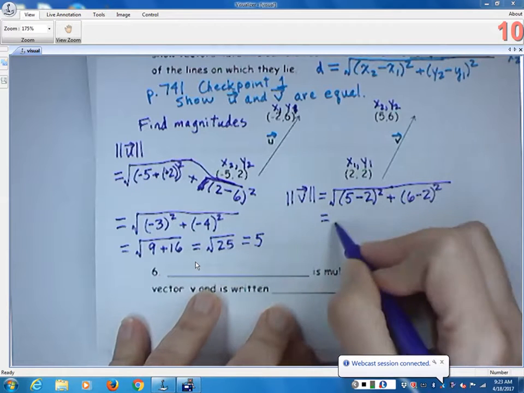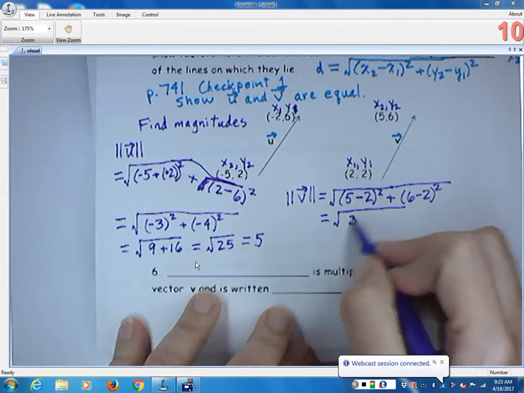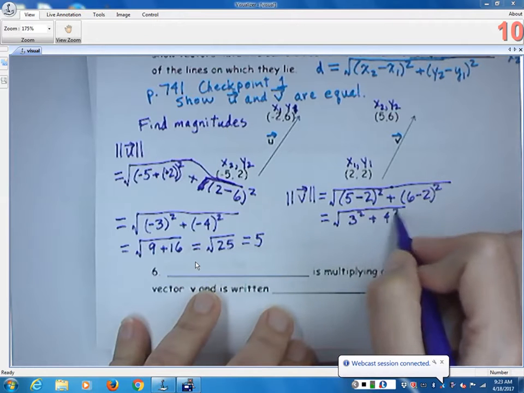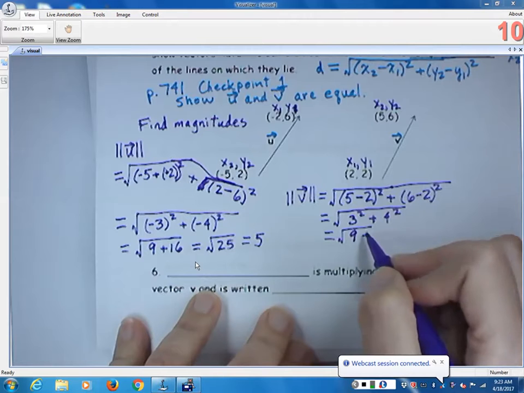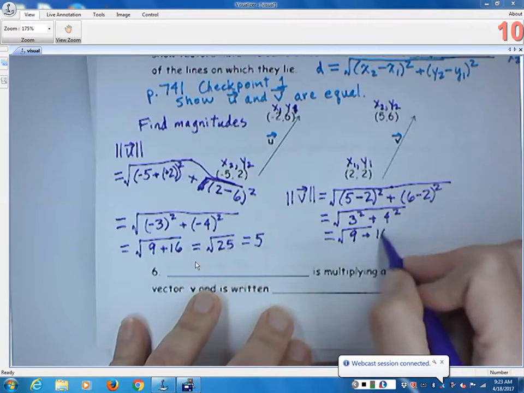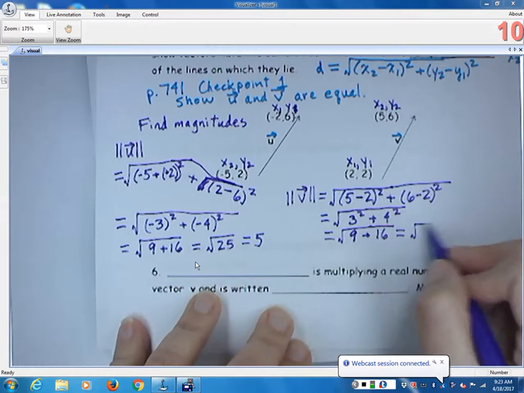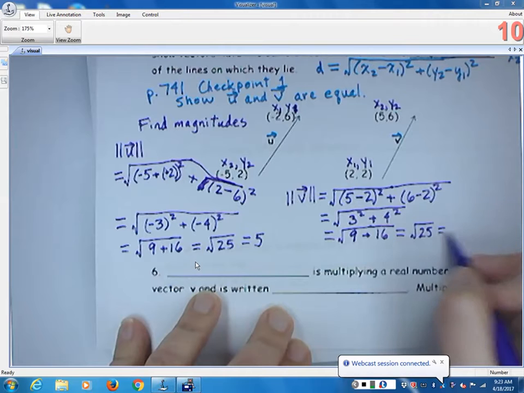So that's the square root of 3 squared plus 4 squared, which is the square root of 9 plus 16, the square root of 25, which equals 5.